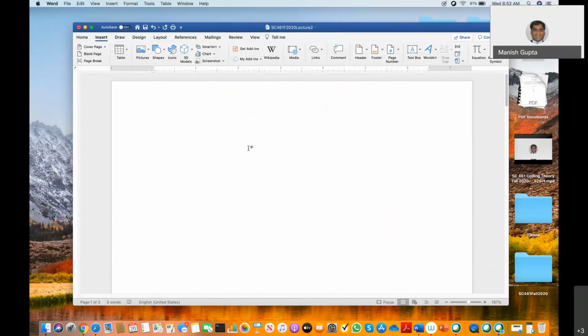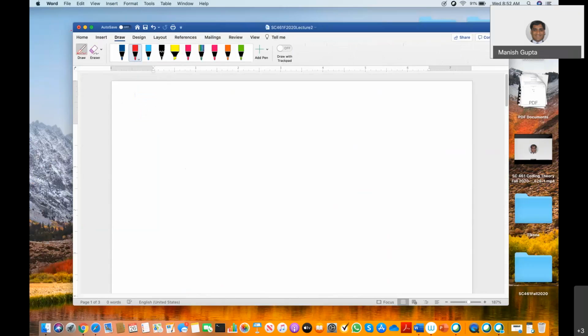So we talked about the field with two elements and the field with three elements. Now I am going to look at the field with four elements, the four case. So for the four case, we have Z4, with elements 0, 1, 2, and 3, with addition modulo 4 and multiplication modulo 4.